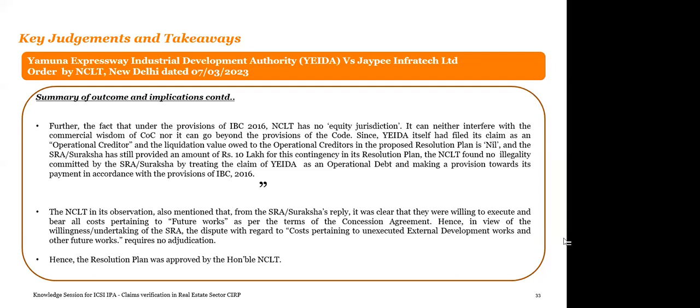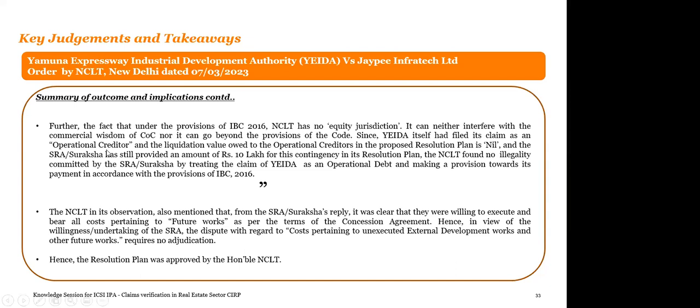The NCLT in its observation also mentioned that in Suraksha's reply, they have said that they are willing to execute all the future works. As I said, the 6,000 crore claim also includes some future works, which were claimed in a contingent manner, whether the successful resolution applicant will complete them or not. So it was just an estimated claim.